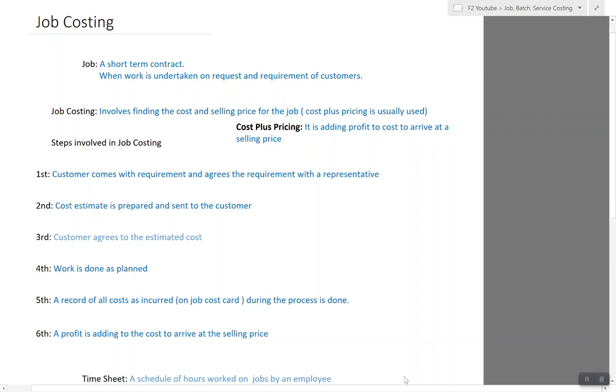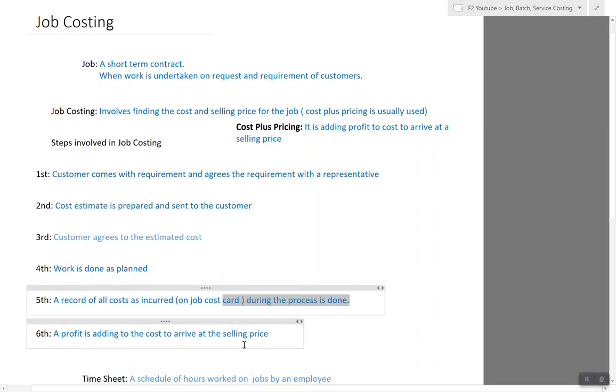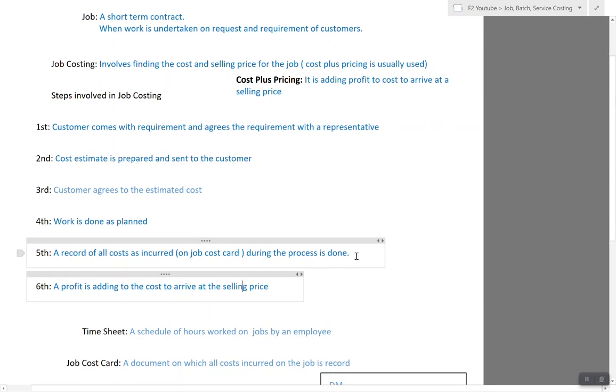So this is job costing. What we are doing in this chapter about job costing is finding the cost and the selling price of the job. So we are not doing all of these steps. Our focus is the record of the cost and finding the selling price and profit of the job.